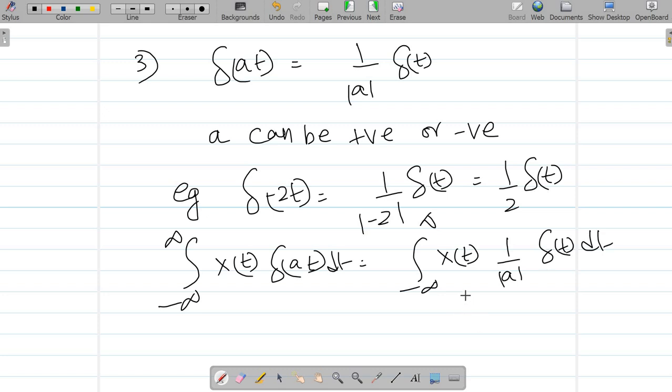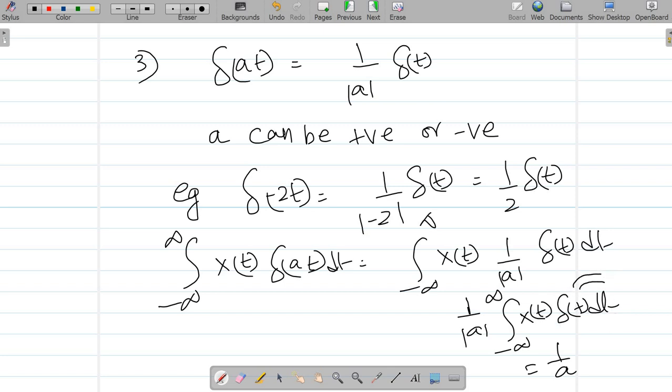Now this is a constant value, so I can take it out of the integration. So the integral of x of t delta of t dt, this actually gets evaluated to x of 0. So the final answer for this is x of 0 divided by the magnitude of a.